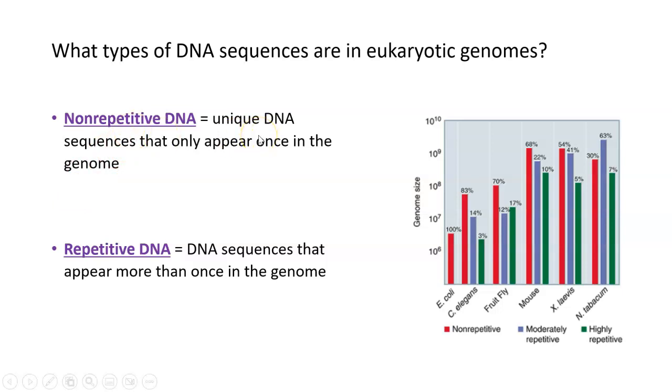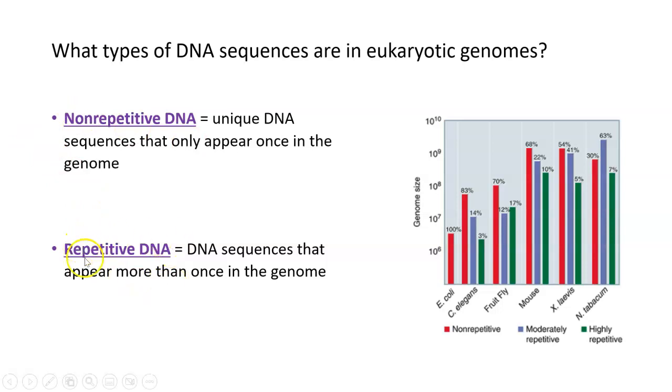These DNA sequences are unique, and they only appear one single time in the genome. And so say that sequence is ATA, adenine, thymine, adenine. In non-repetitive sequence, you would only find ATA one single time in the whole entire set of DNA in an organism, or the whole genome.